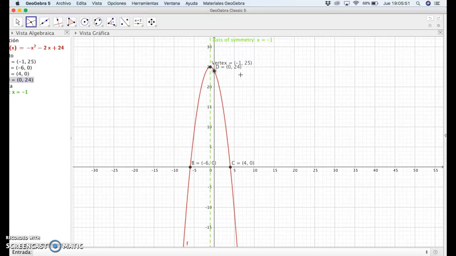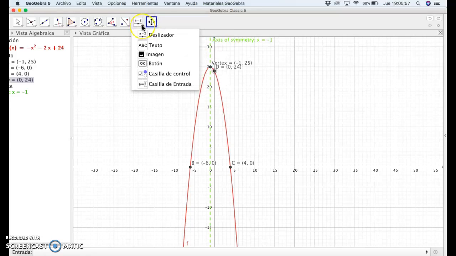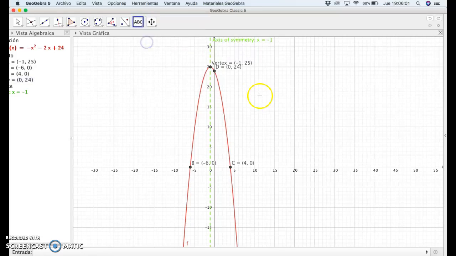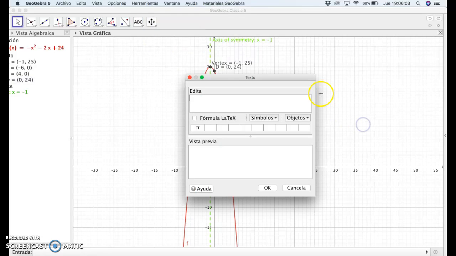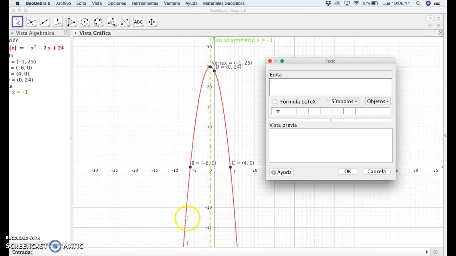There are a few more things that we can do. For example, we should put where it opens. As you can see, this graph opens downward because the quadratic function's a is negative.